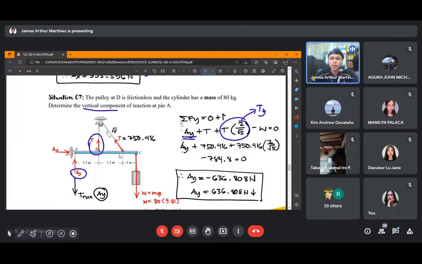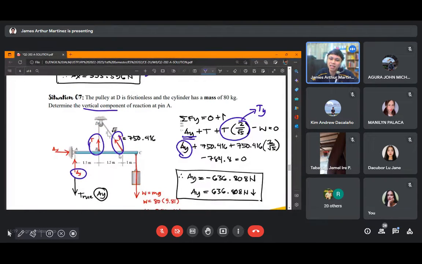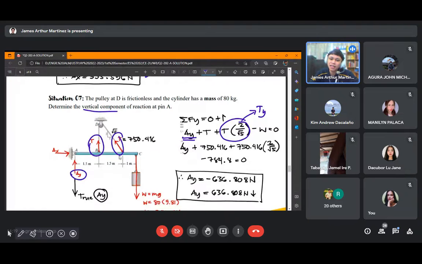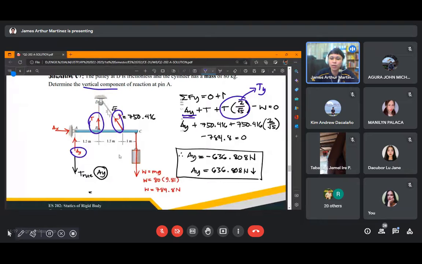The y component of your inclined T minus W. Okay, then substitute the values for T and W. Isa na lang din itong unknown variable, which is ang Ay. Alright? And then solving for that, we will obtain Ay is equal to negative 636.808 newtons.